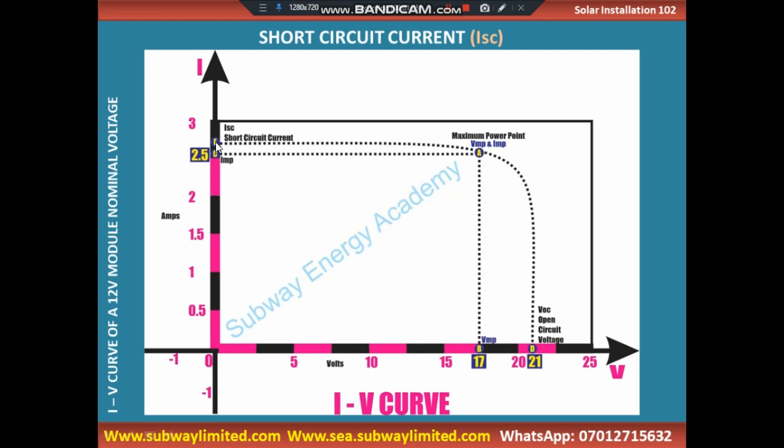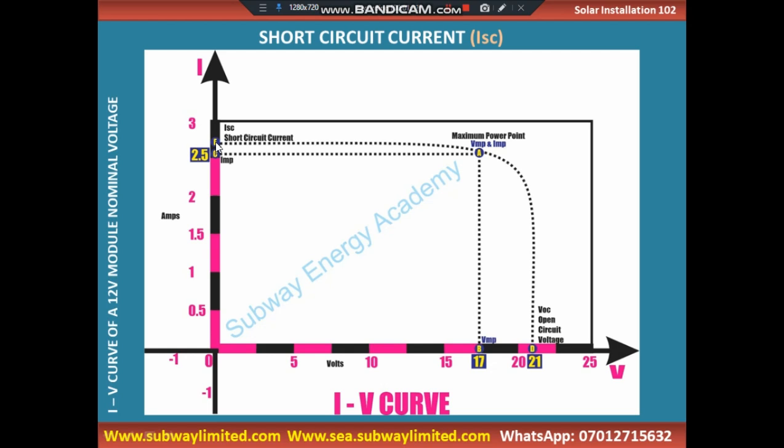is always gotten when you link the positive probe of a solar panel with the negative probe of the same solar panel. That means you link the two probes together. It's dangerous. We will not advise you to do this.